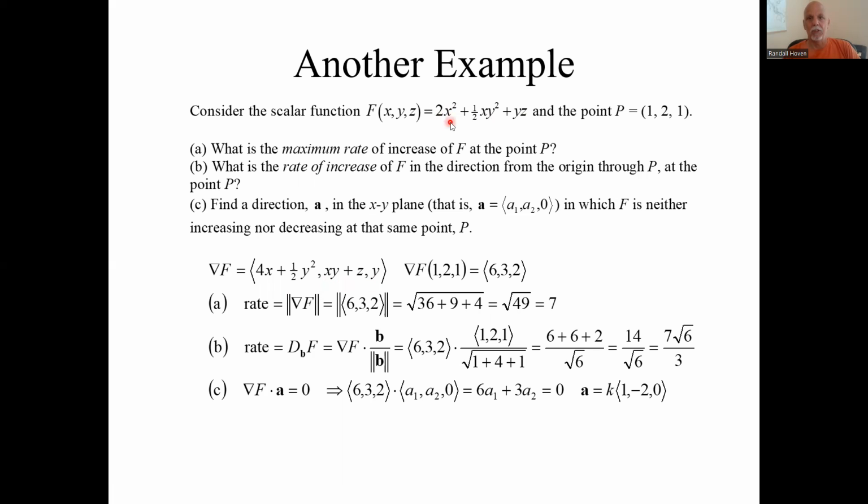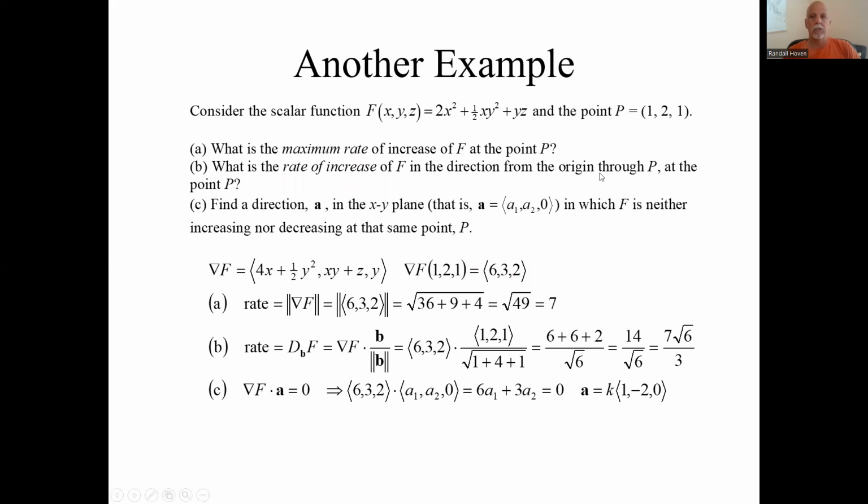And for the z, there's no z there, no z there, so here's just 1. So there's the gradient. At the given point, plug in the numbers, and here is the gradient at the point. The rate, then, is the magnitude of this. It will be the square root of 36 plus 9 plus 4. Turns out to be a nice whole number, 7. That's the answer to part A.